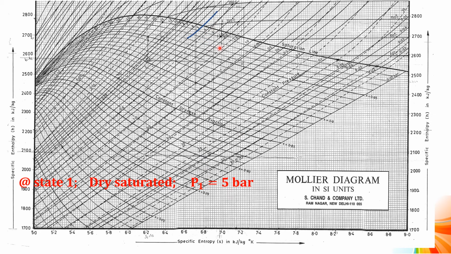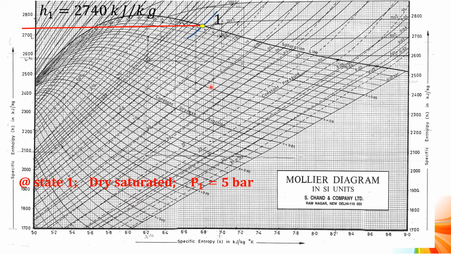For marking point 1, this is the 5 bar pressure line and steam is dry saturated, so this is the dry saturation curve. Both are intersecting at this point. So this is point 1. From point 1 we have to draw a line towards the y-axis and from the y-axis we have to measure the corresponding enthalpy value. That is H1 equal to 2740 kilojoule per kilogram.